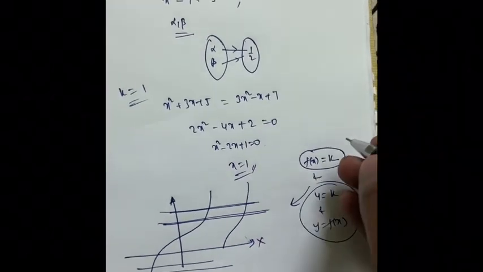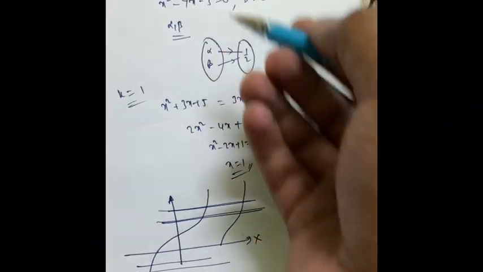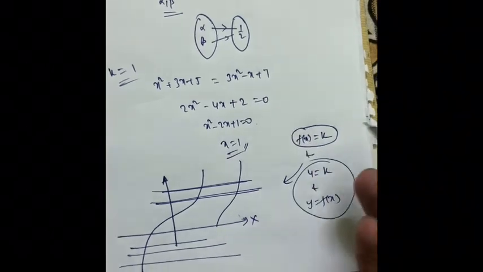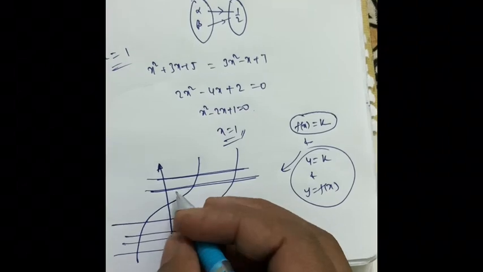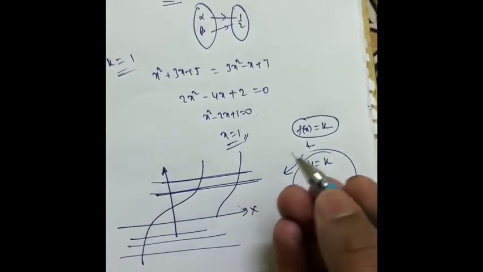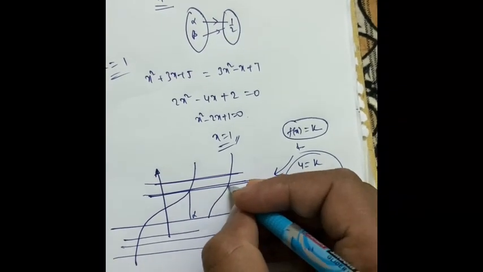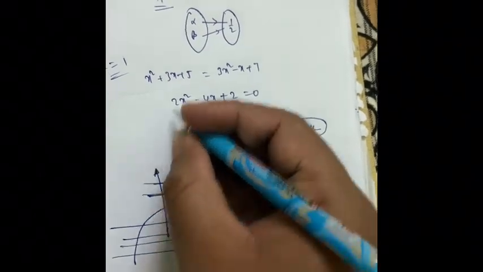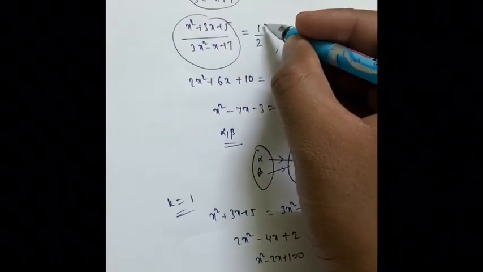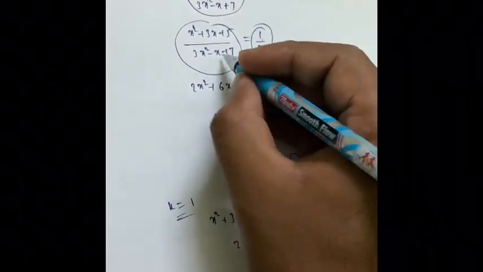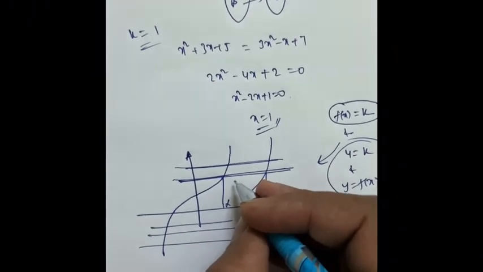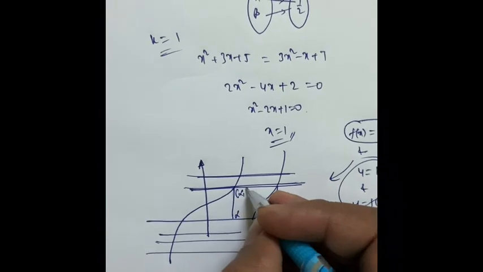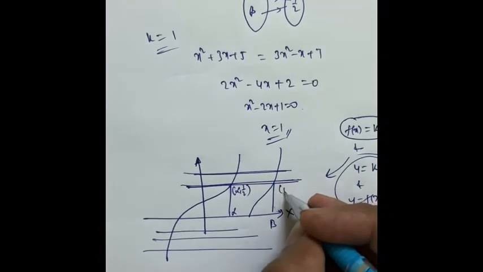The line y equals to 1 is intersecting this graph at one point. That doesn't mean it is 1 1. For k equals to half, it is intersecting at 2 points. There are two values, alpha and beta, where the output of f equals to half. We have done the reverse way. When is the output half? For two values, alpha and beta, the output is half. So the points will be alpha comma half and beta comma half.